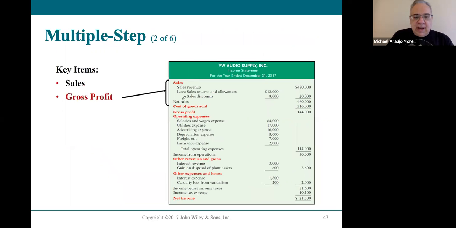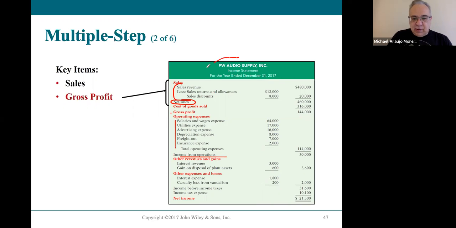Remember, net sales are sales revenue minus sales returns and allowances minus sales discounts. I told you needed to know that, and here it is again. Your gross profit is the difference between your net sales and your cost of goods sold. All your operating expenses are listed then, giving you your profit from the business.